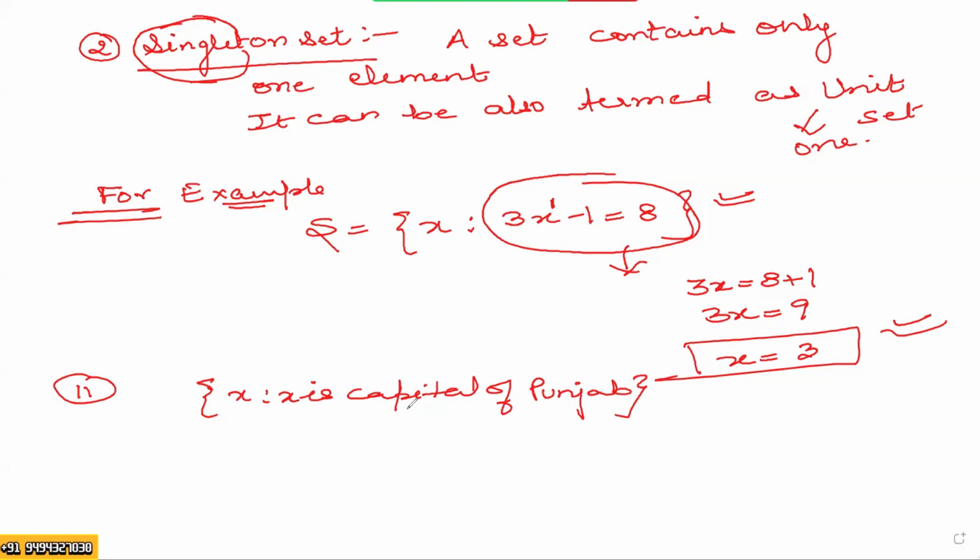The capital of Punjab is Haryana? No, no. What is the capital of Punjab? Tell me, Vedika. Yes, ma'am. The capital of Punjab is Chandigarh. And the capital of Haryana? It's also Chandigarh.